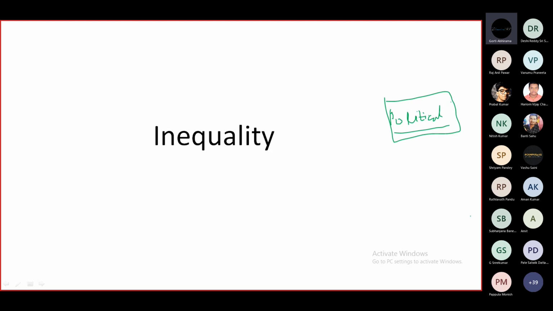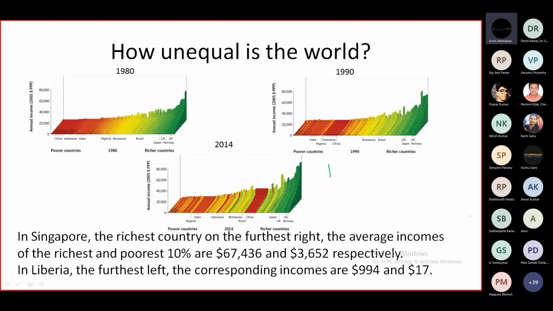So what we were discussing was how inequality has been shaping over time. These are the three graphs which illustrate how inequality in our world has been changing over time.